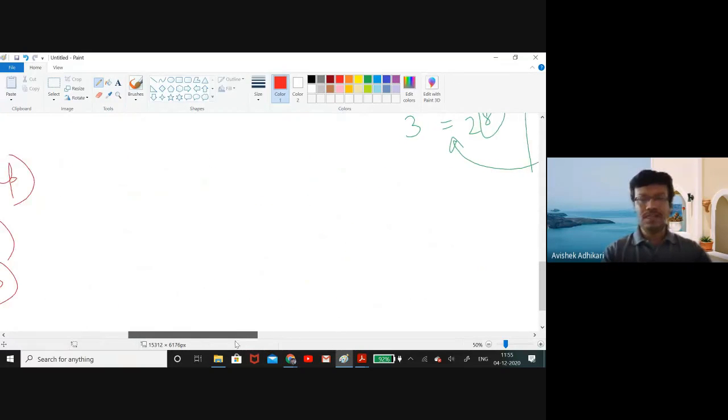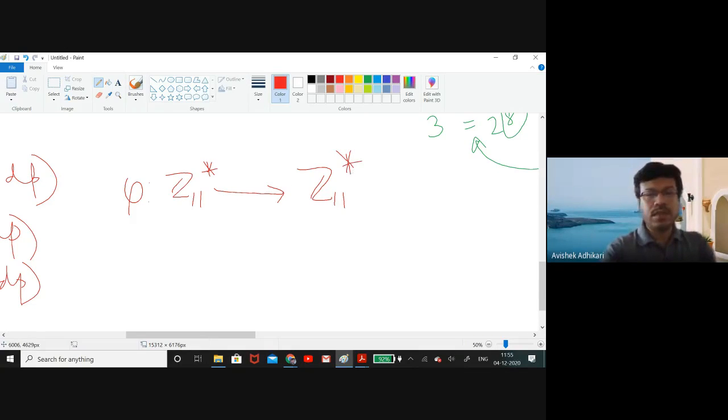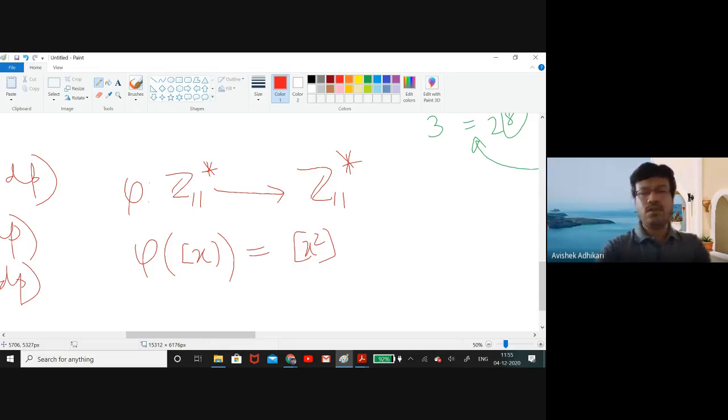So let us try to make a function, say phi, from Z11 star to Z11 star. Define phi of any element x goes to x square, for all x belongs to Z11 star.